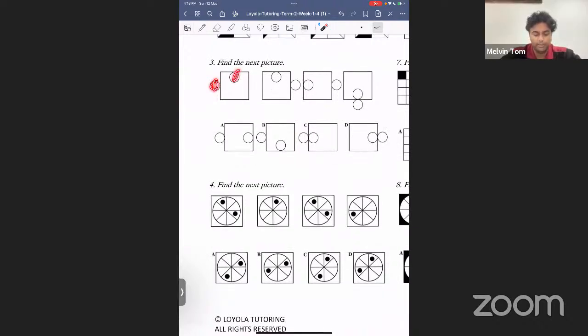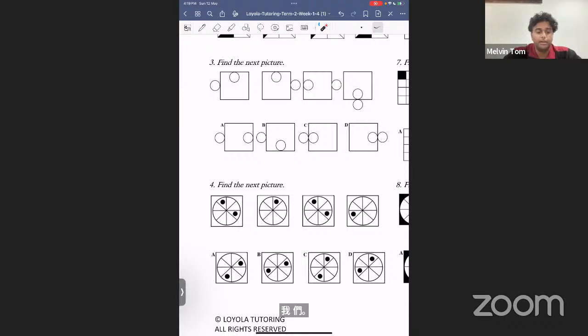Once again, they both look the same. One thing you can quickly make a guess about is that there's always a circle on the inside and always a circle on the outside. There's one here, one here, one here, one here, always on the outside.